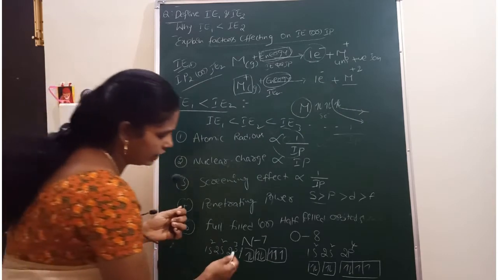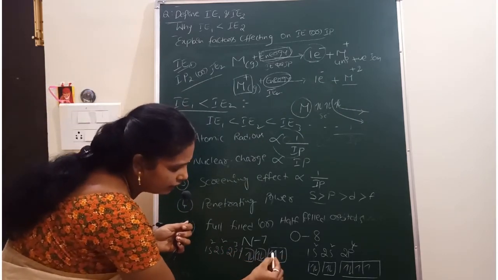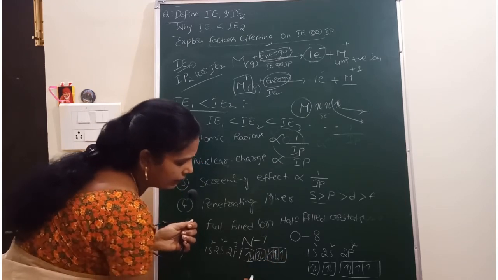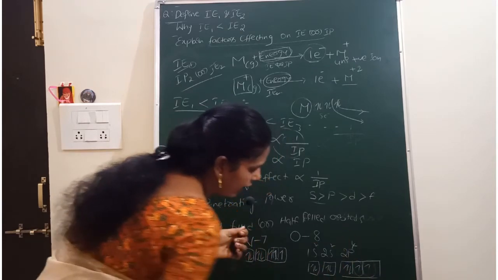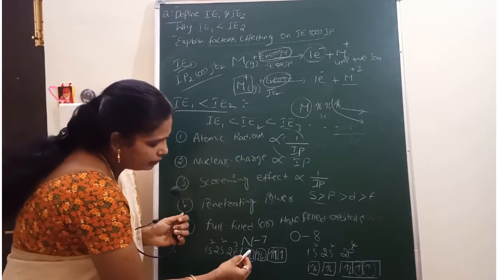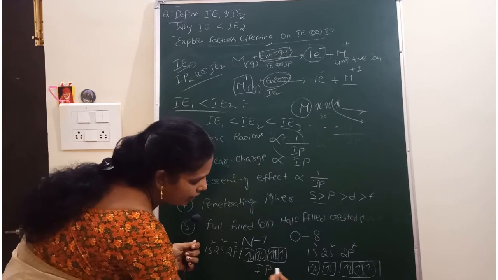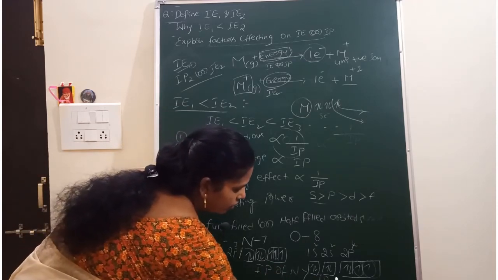In nitrogen, we observe half-filled orbitals, whereas oxygen has vacant orbitals in a different arrangement. The ionization potential of nitrogen is greater than that of oxygen.